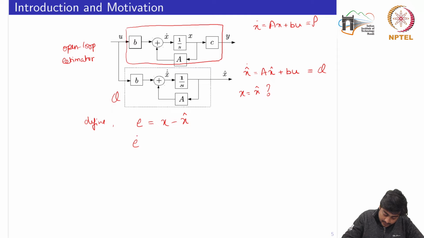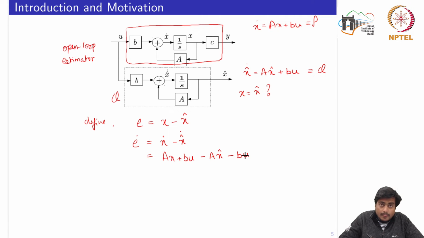On taking the derivative of this error, I get x dot minus x hat dot. From these two equations, I substitute x dot and x hat dot, and finally I have Ax plus Bu minus A x hat minus Bu. So you see that the Bu part gets cancelled out and the remaining part is A times (x minus x hat), which is nothing but Ae.